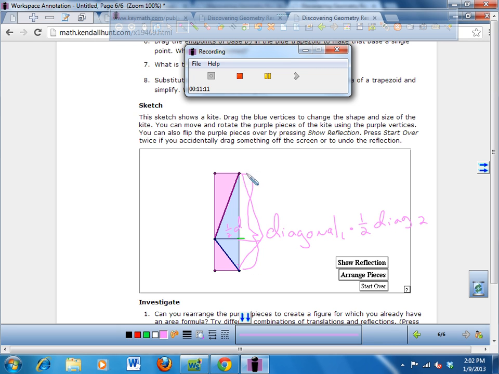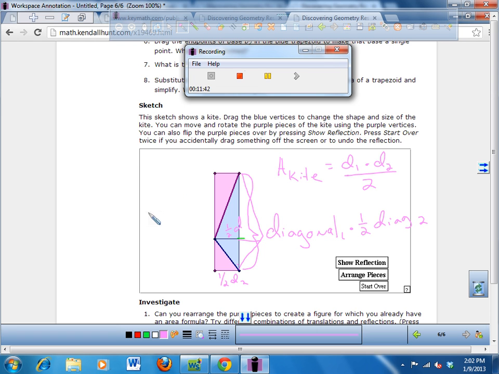The width of this rectangle is 1/2 diagonal 2. So the formula for the area of a kite comes out of that idea: the area of a kite is just diagonal 1 times diagonal 2 divided by 2.